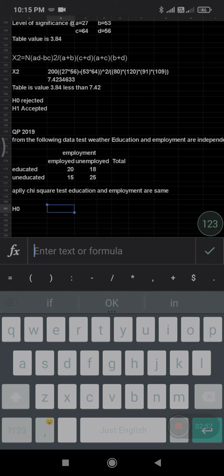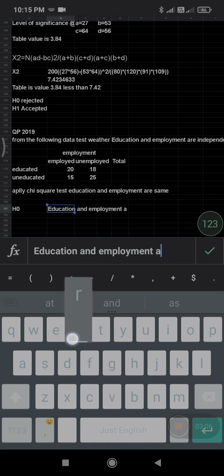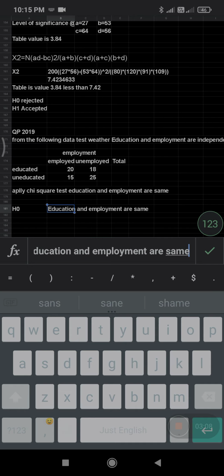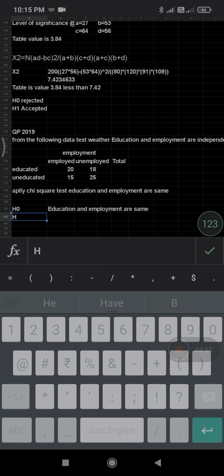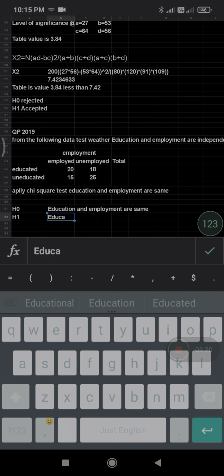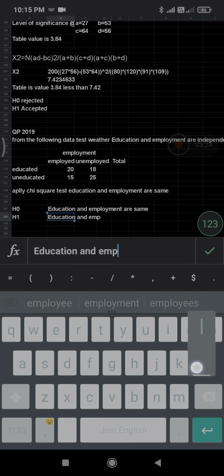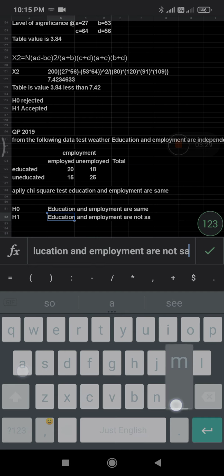For that, we'll start here. Solution: first H naught, education and employment are same. Next H1: education and employment are not same.